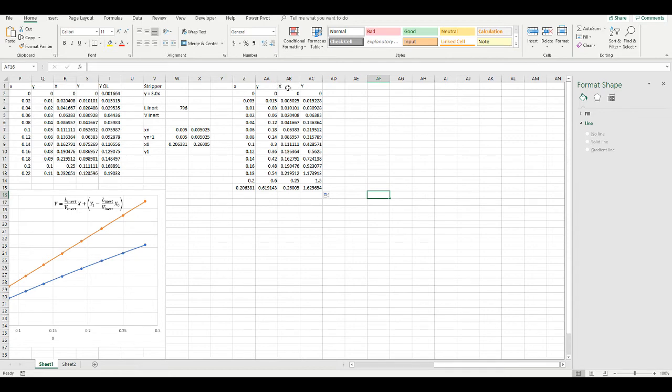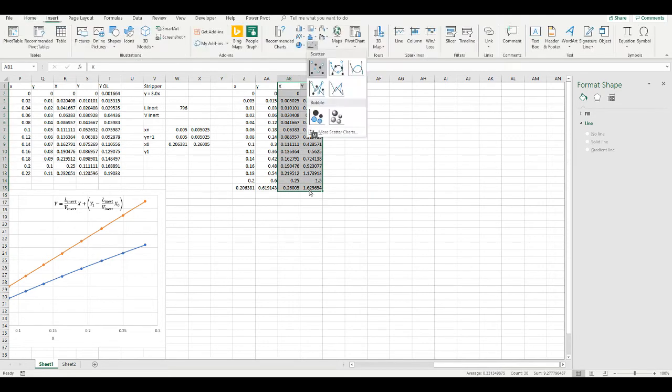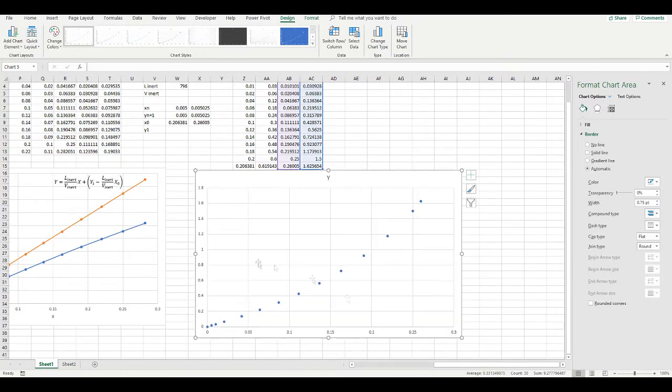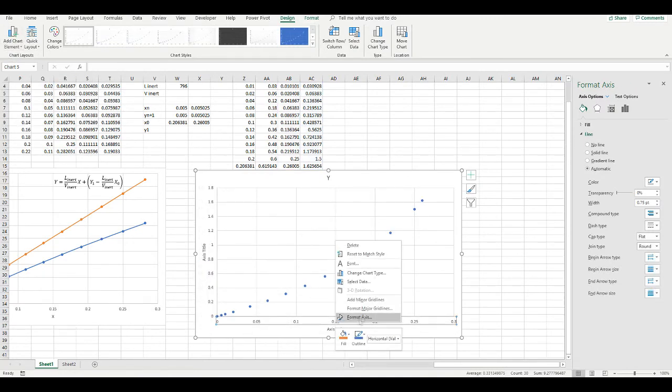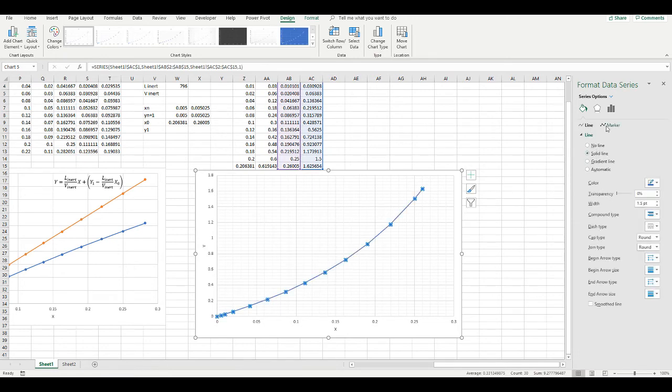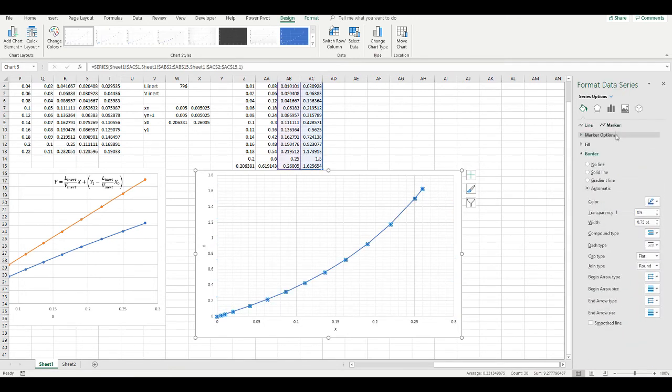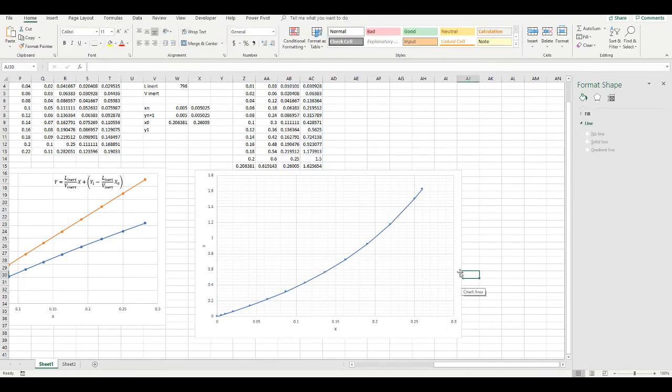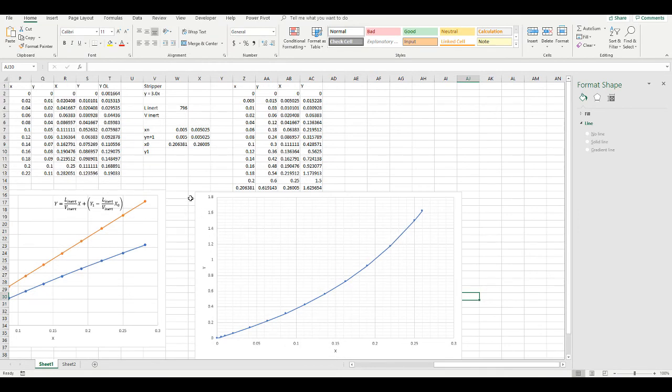Now let's trace our equilibrium graph. Okay, now we have our equilibrium graph.